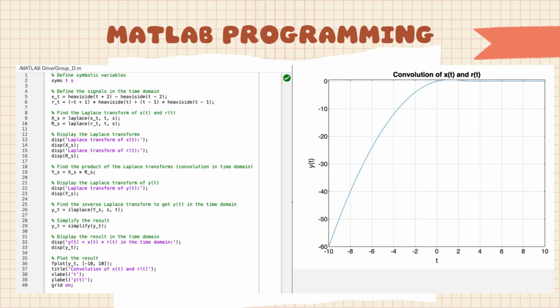Okay, next we go to MATLAB programming. Here we have the code and the graph we get from MATLAB. First we define the variables, which are t for time domain and s for Laplace transform. And then we define the signal in time domain and convert it to Laplace transform.